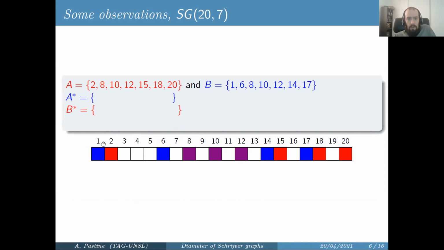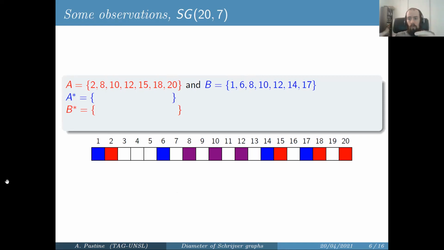I'm coloring blue the elements in B and red the elements in A. Notice that because we are working with a Shriver graph, we cannot have consecutive elements in a single vertex. So this means that we cannot have 2 red consecutive or 2 blue consecutive. And also we have some intersection between A and B, otherwise they would be neighbors. What I'm doing is coloring purple the intersection between A and B.